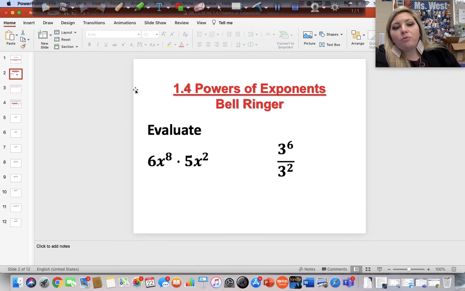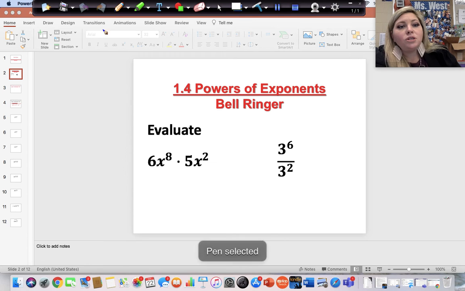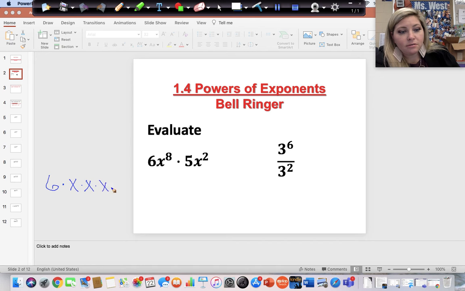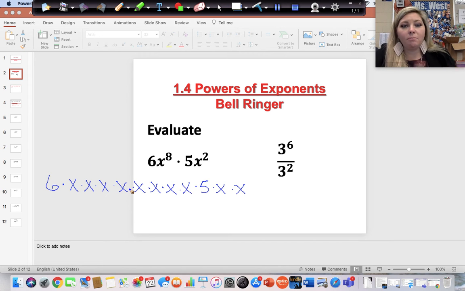So as a little bell ringer, if we are trying to evaluate these two using what we learned yesterday, I'm going to write them all out. So I've got 6 times, I need 8 x's, then I need a 5, and then I need 2 more x's. And remember, yesterday what we said was combining like terms.